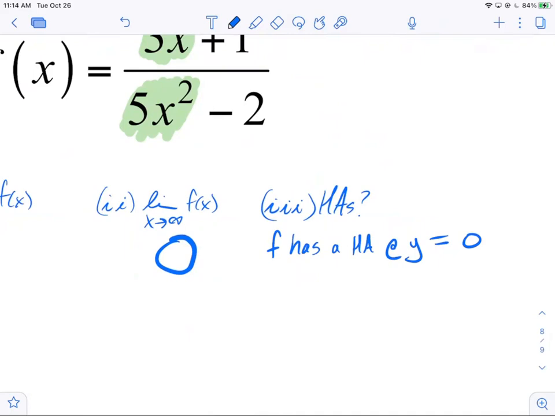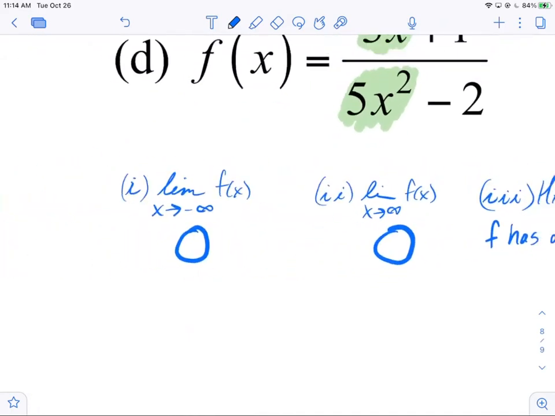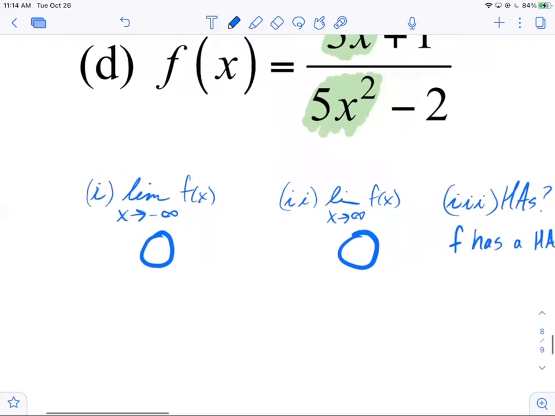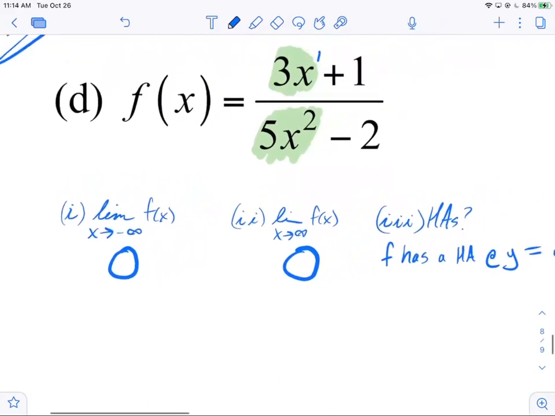Now, there's one other thing we can do here when it approaches 0. 0 is the x-axis. It's the divider between positive y values and negative y values. So I can actually figure out if it's approaching 0 from above or below the x-axis. And here's how we do that.